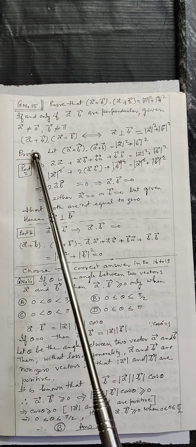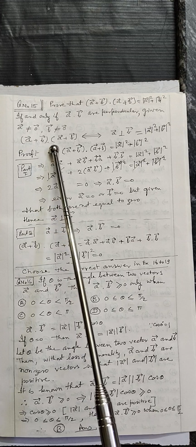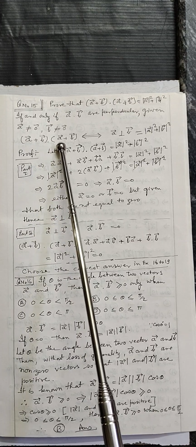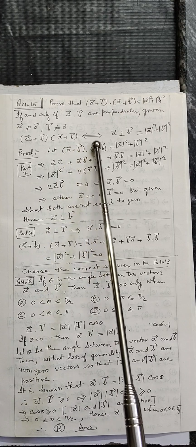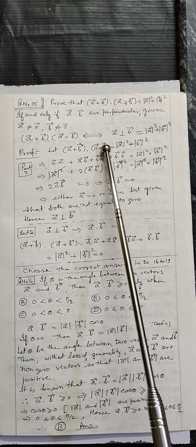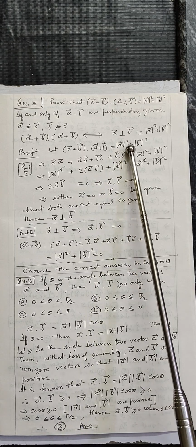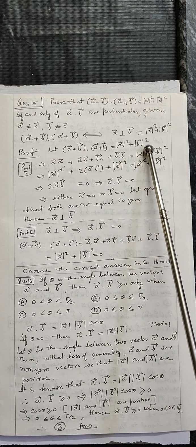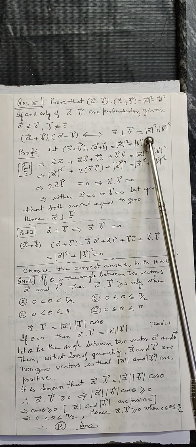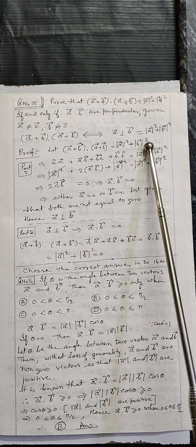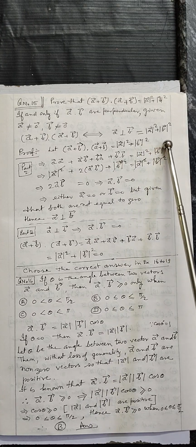So here, the vector A plus vector B dot product with vector A, vector B, and this implies that vectors A and B are perpendicular, hence the magnitude of A whole square plus the magnitude of B whole square.